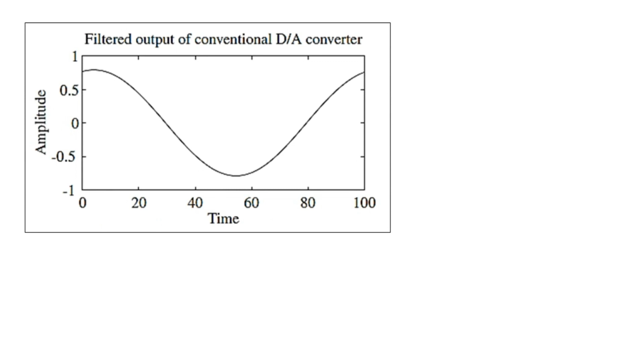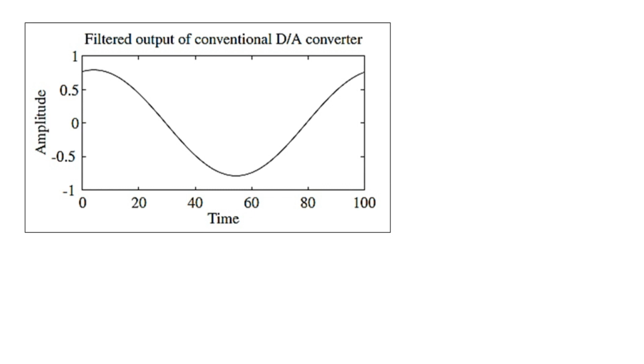Following the procedure of sigma delta D2A conversion, if the input sequence frequency is 100 Hz and the sampling rate is 5 kHz, the signal is clearly oversampled, since the sampling rate is much higher than the Nyquist rate, which is double the frequency.